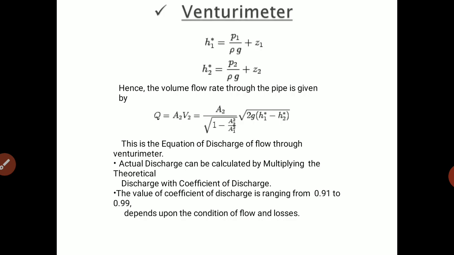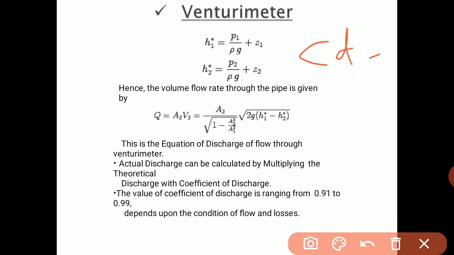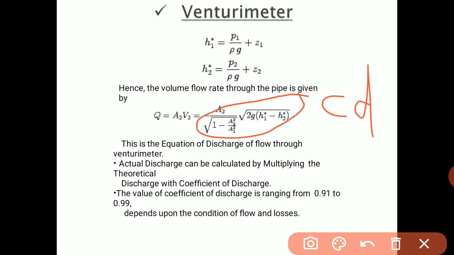Here we come to know about one coefficient, the discharge coefficient CD. CD is equal to Q divided by (a1 a2 divided by the square root of a1 squared minus a2 squared) times the square root of 2gh. Whatever this value is, this is the coefficient of discharge CD.